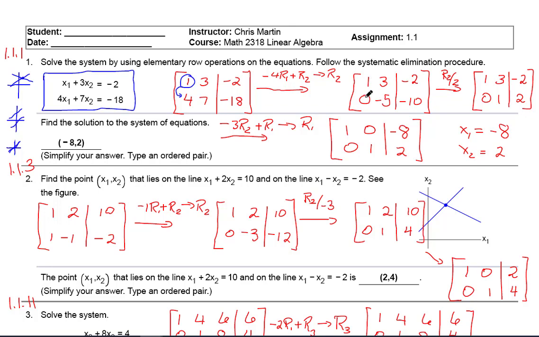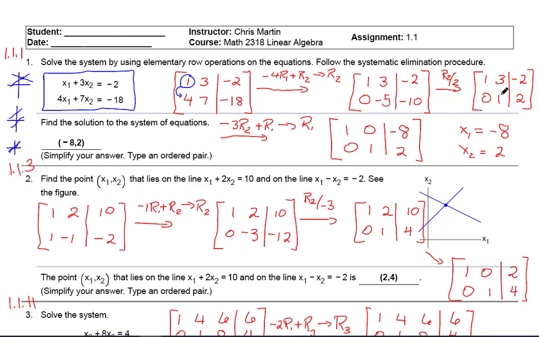So I've got a 1 and a 0. I'd like to get a 1. So I'm going to take row 2 and divide that by minus 5. Minus 5 divided by minus 5 is 1. Minus 10 divided by minus 5 is this 2.